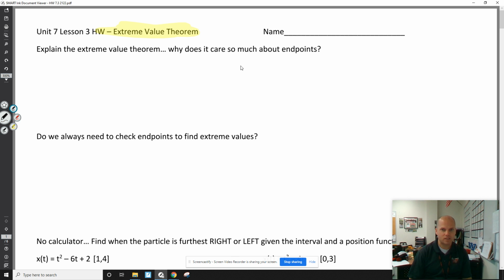What's important is that a max and a min, if it's a closed interval, could be at an endpoint. This is important to think about motion: I could start or end at a place that's furthest right or furthest left.